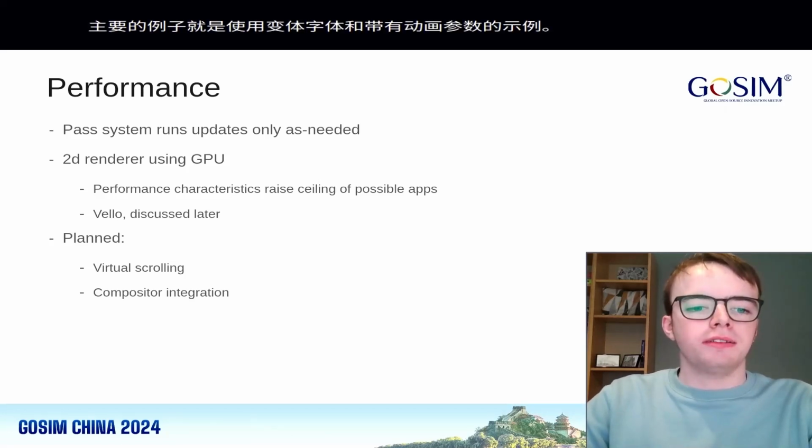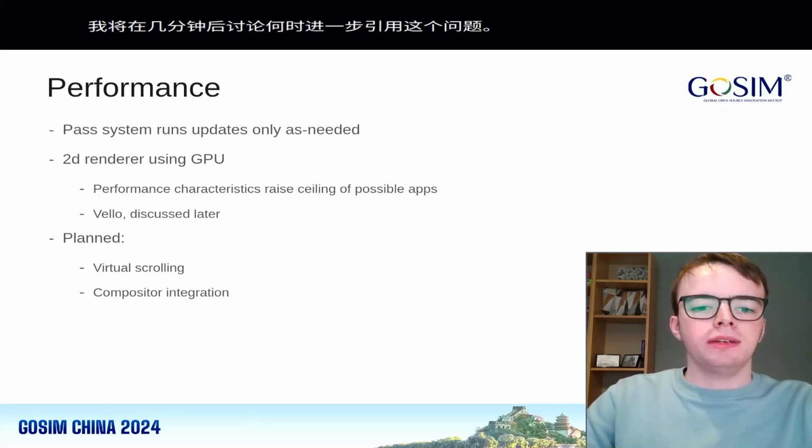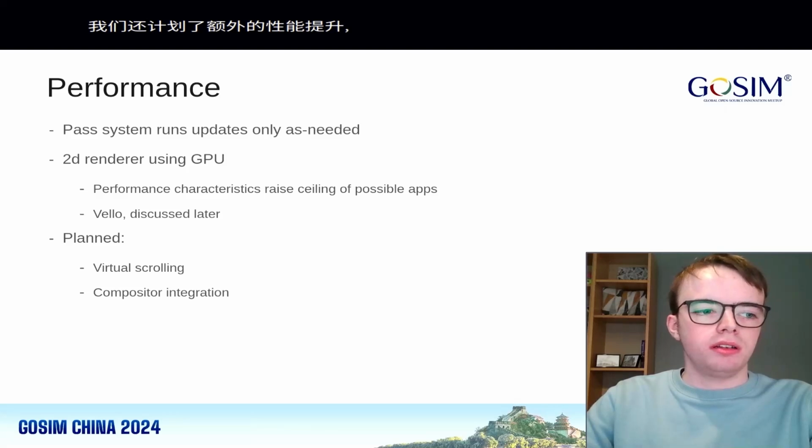We also have planned additional performance improvements. One of those is virtual scrolling, which is a technique whereby the framework requests content from the app as it scrolls into view, which reduces overhead from scrolling.